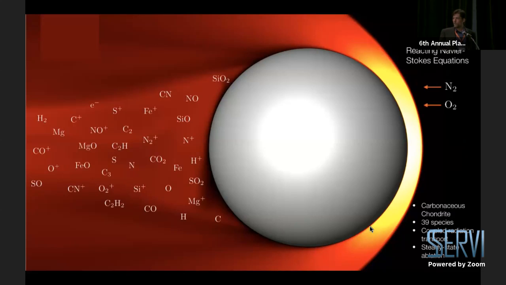For this particular case, we chose a carbonaceous chondrite composition for the meteoroid. Without going into detail, within the chondrite composition, at least for now, we don't think that's a too significant choice. To model all that, we account for 39 total species.